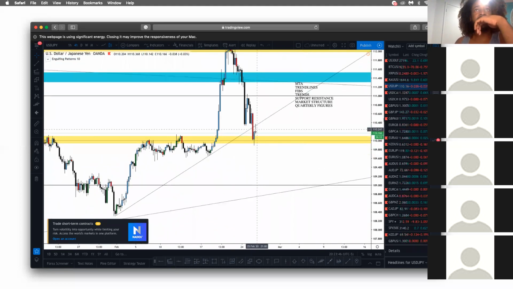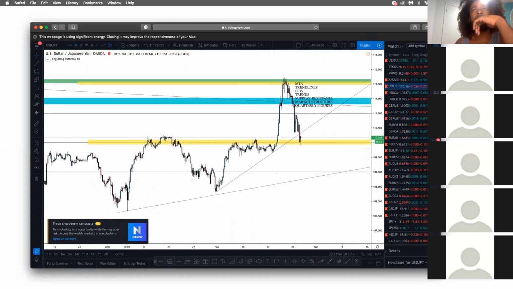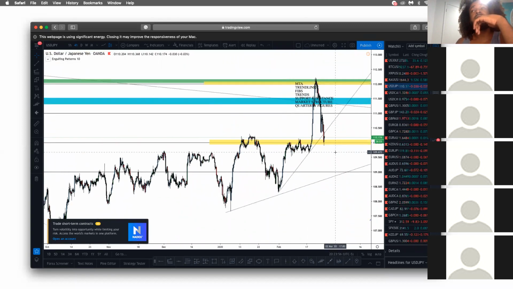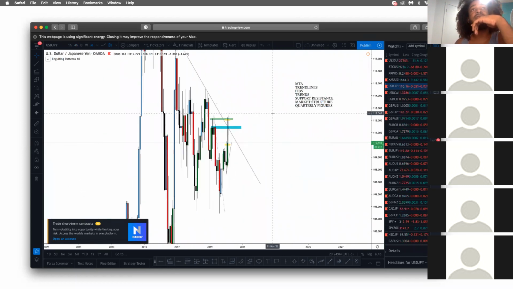And here we had the break and retest. Is this pair going to continue to go down? Well, what does our multiple time frame analysis and the rest of the confluences say?